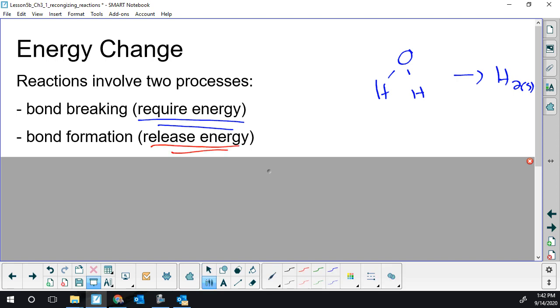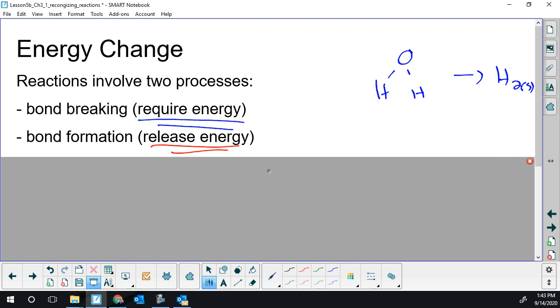One of these processes will be bigger. In most reactions, you put a little bit of energy in and you get more back, and you end up with hotter surroundings. When you burn something, you need a little bit of energy to break the fuel up, and then you get a whole bunch of energy back when CO2 and water is made.